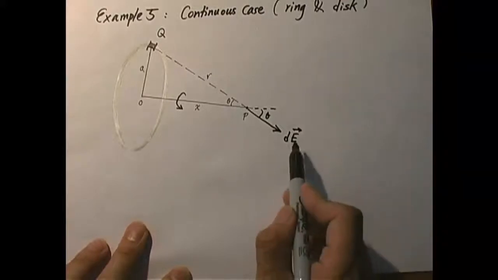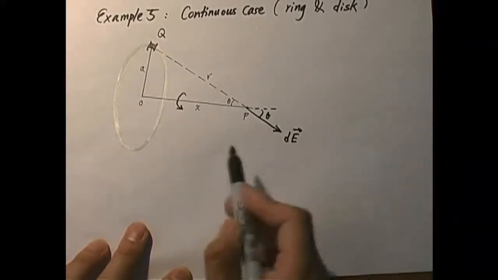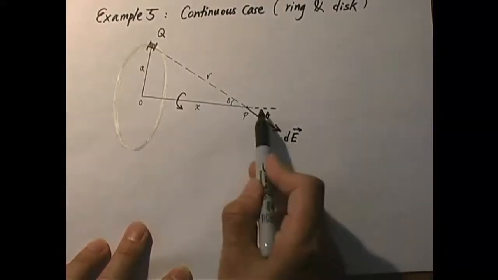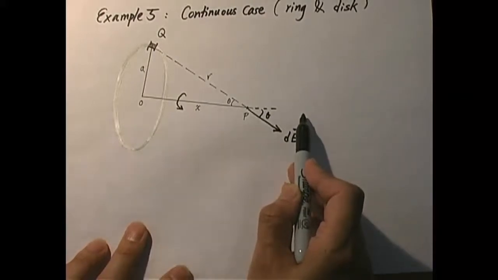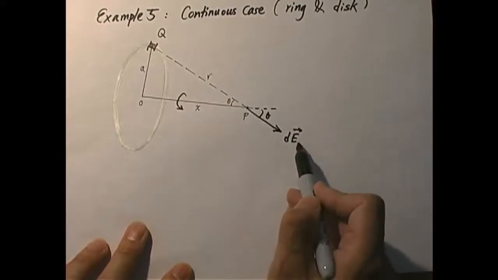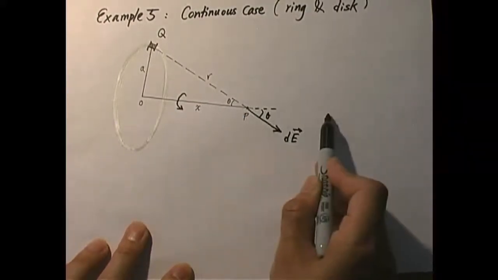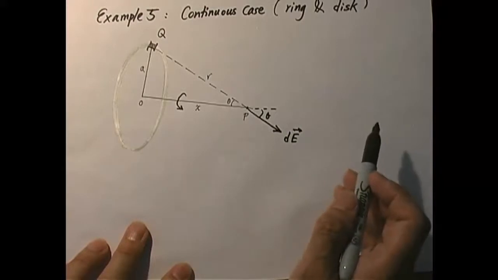Now, even though dE does not point along the x-axis, when you add all the dE's up vectorially, the final result E must point along the x-axis. That tells us that there is no point for us to add the dE up except to find its x component. If this is the x-axis, all we have to do is add the x components of dE up, because the y and z components are eventually just going to cancel out.